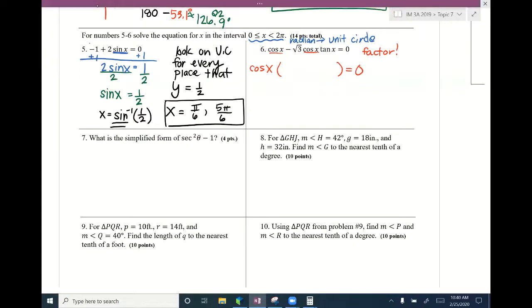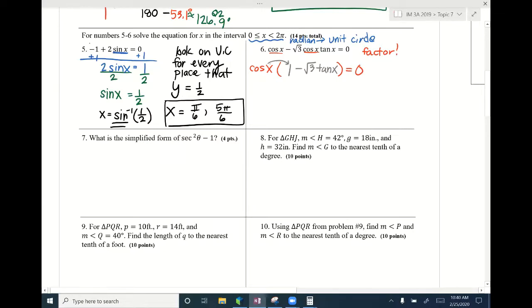Cosine of x divided by cosine of x is 1, so cosine times 1 makes cosine. The next term is negative square root of 3 times cosine of x times tangent of x. If I divide by cosine, the cosine disappears and the rest stays. So I get negative square root of 3 times tangent of x. If I were to distribute this back, I would get those two terms. That's how I check to make sure that I factored appropriately.